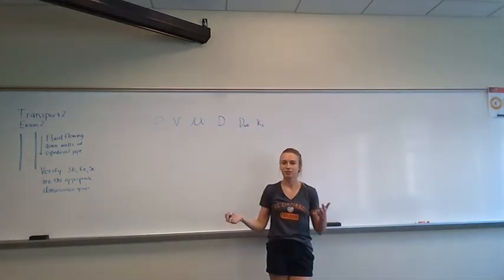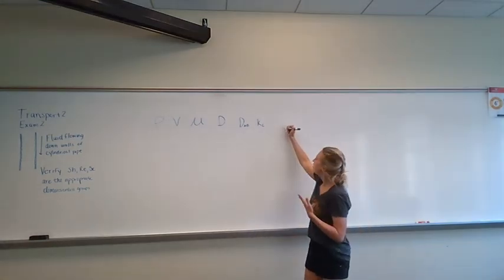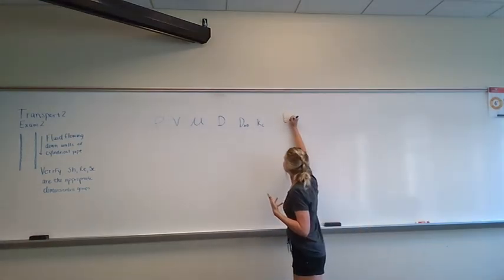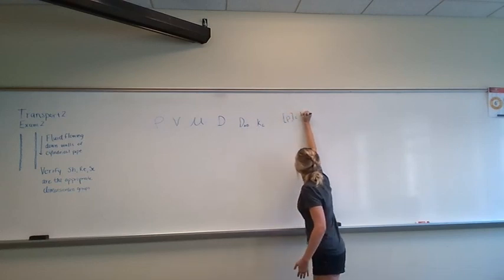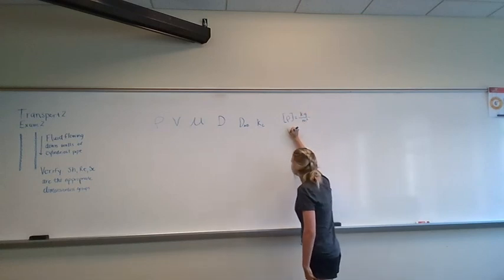So now that we have determined the parameters, we want to look at the units of these parameters. Density is in units of mass over volume, and in SI units that will be kilograms per cubic meter. Velocity is in units of meters per second.